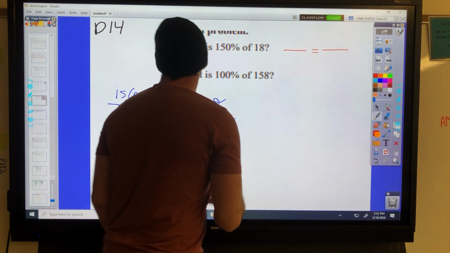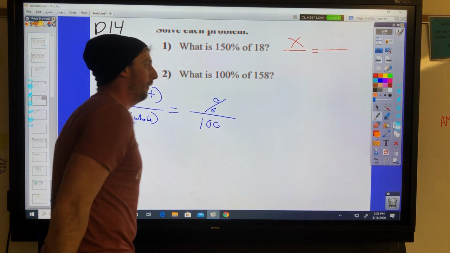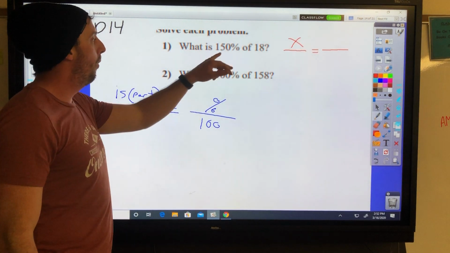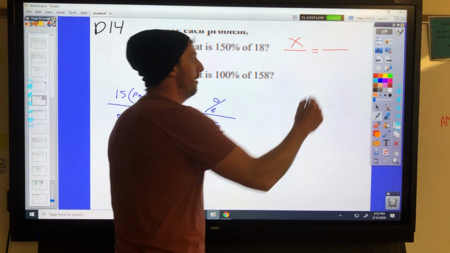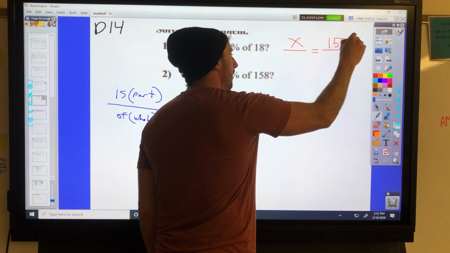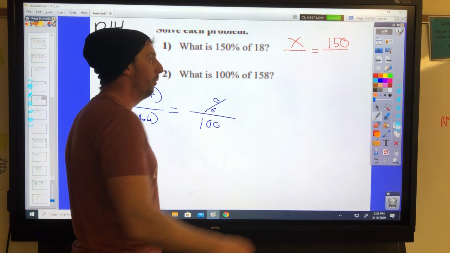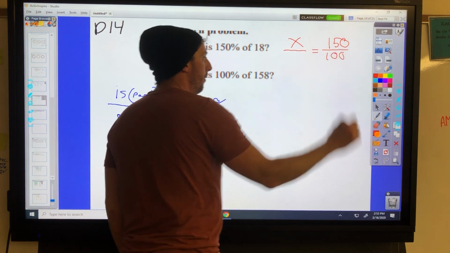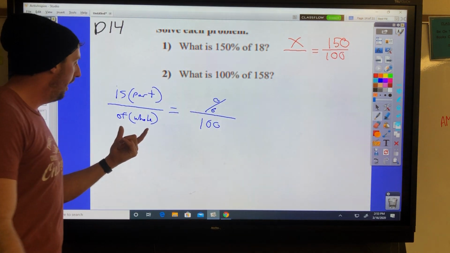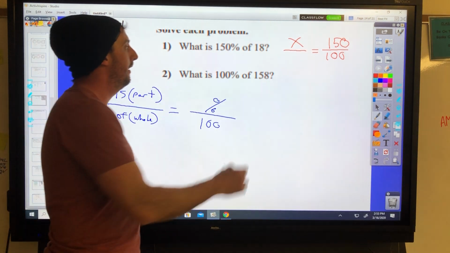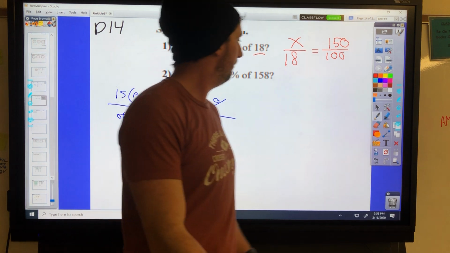So obviously our is section, which is this top left, is going to be x. 150%, I told you they would give you a percent, so your 150 has to go here. I know that it's always underneath 100 in the bottom right corner. So 100 is going to go there in my bottom right corner. Of is the whole. They give you that. It's 18. So my 18's got to go there.